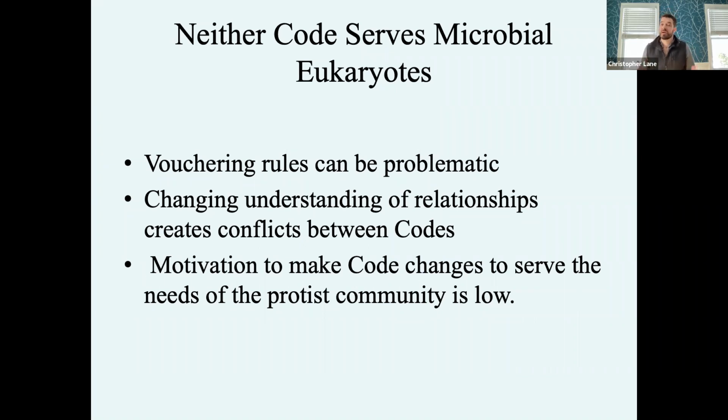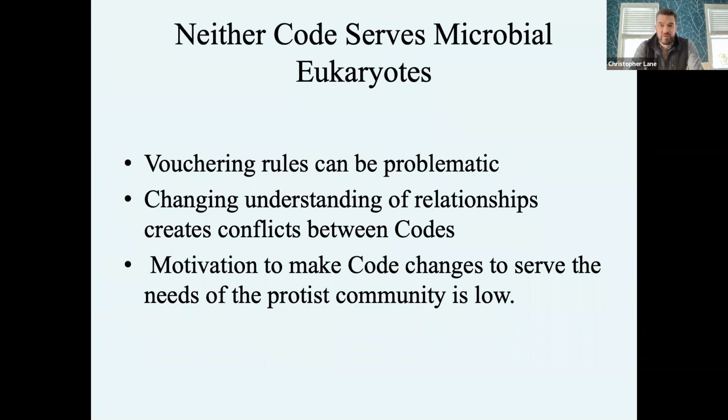We don't need to actually provide cultures into multiple culture collections like the prokaryotic community has decided to do, but we still have problems with vouchering. As the broad-scale taxonomy and relationships change because of our better understanding of the evolution of these organisms, we then get conflicts that are created between the codes.